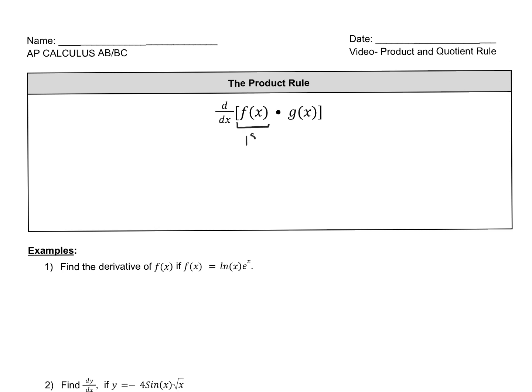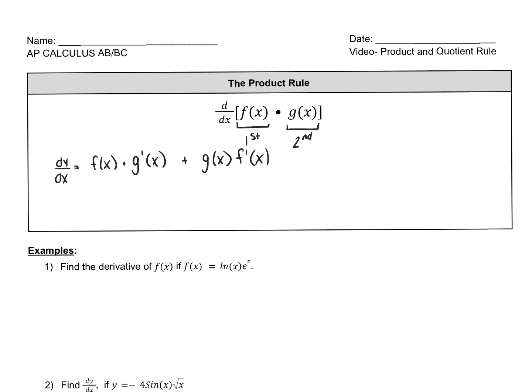We're going to call this guy the first one and we'll call this guy the second one. So the derivative, dy dx, is in regular symbols f of x first times the derivative of the second plus the second times the derivative of the first.